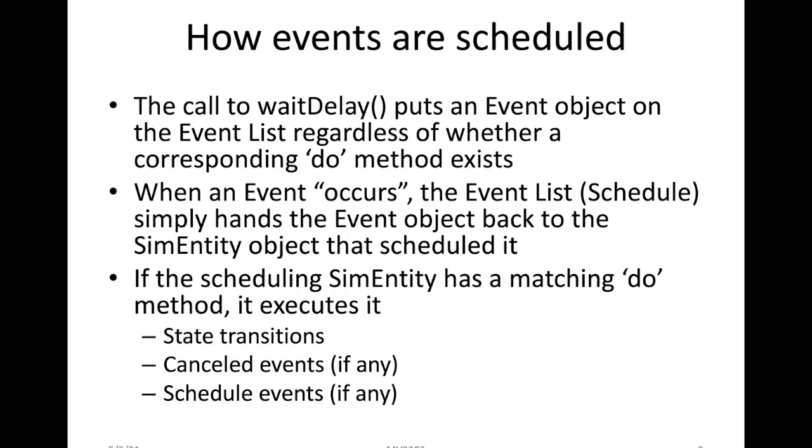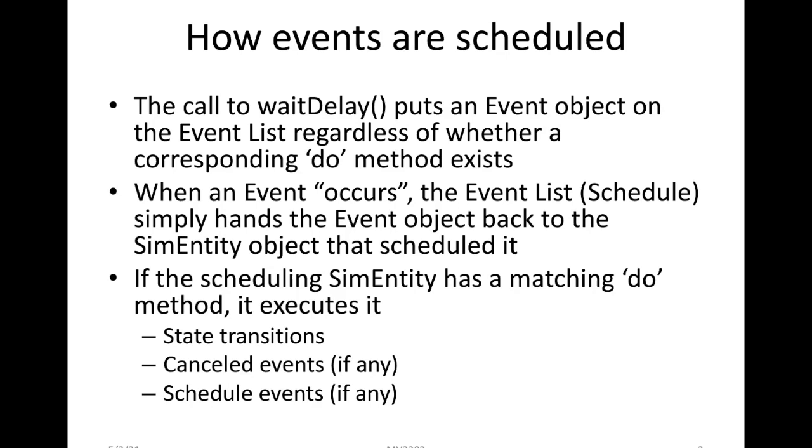Okay, so now one of the consequences of that is that when you're debugging one of these models, you will sometimes see events being scheduled and actually seemingly occurring on the event list and nothing happening. When that happens, it's almost always a mismatch between the arguments or a fat finger on the name of the event.